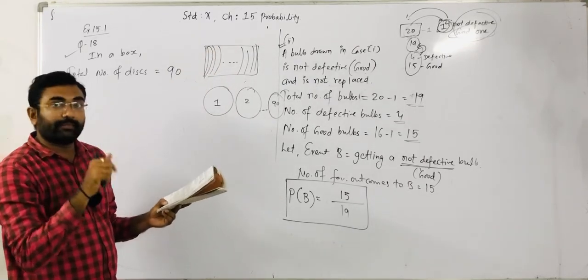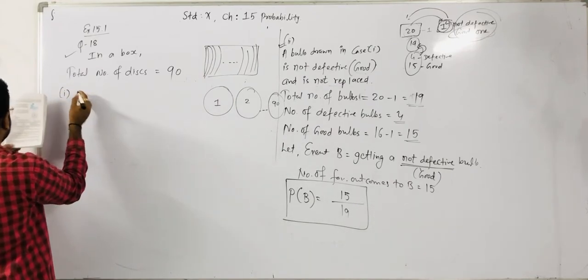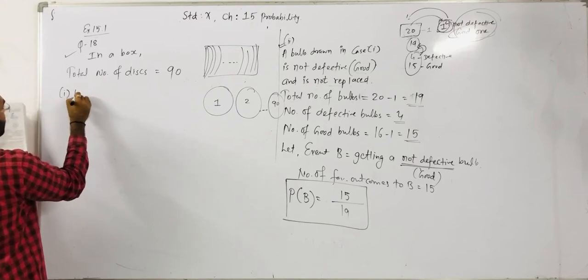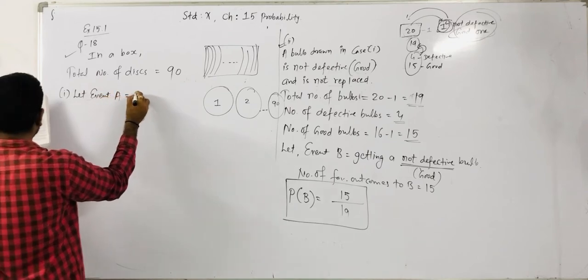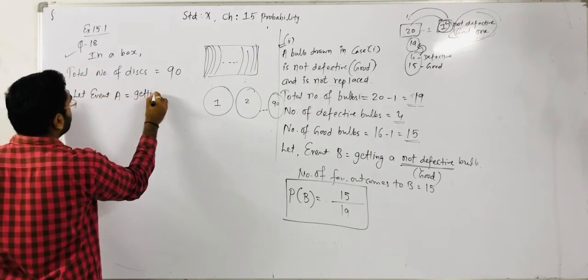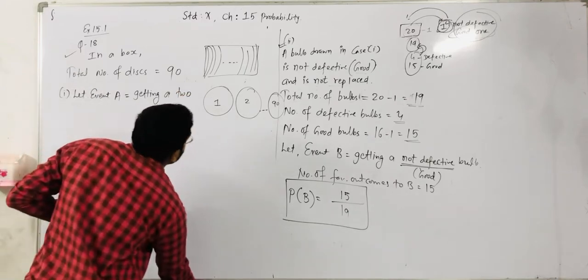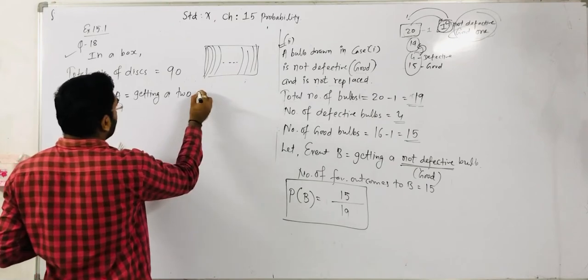They ask us to find the probability of the first question, a 2-digit number. For that we take event A, getting a 2-digit number. What is the probability that the disc taken out is a 2-digit number?